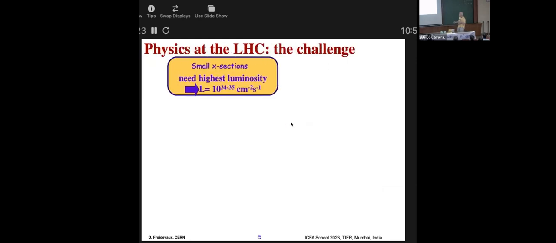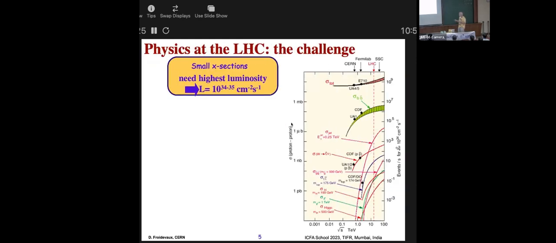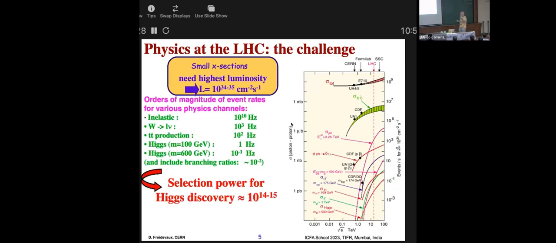Okay, so if you look at the cross sections, to give you a number of the selection power which was required for the Higgs discovery, it's about 10^14 to 10^15 rejection in order to get from the total cross-section to the Higgs cross-section. You see the Higgs cross-section here. At the time, we had various Higgs masses because we didn't know. So 100 GeV is here as a function of the machine energy. Fermilab, LHC, SSC are shown by the vertical arrows there.